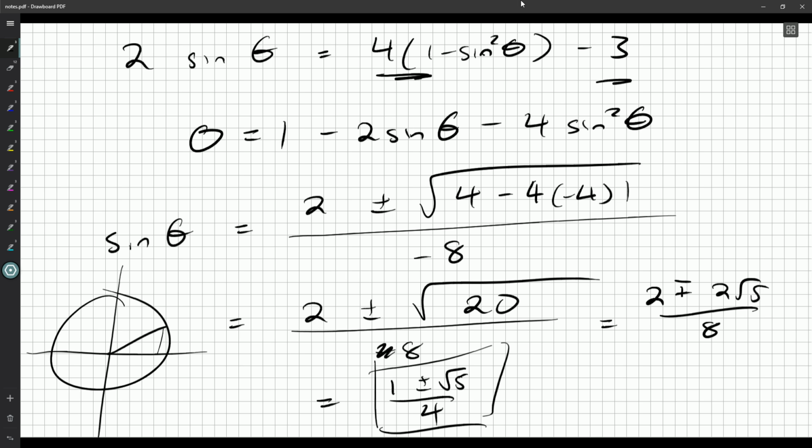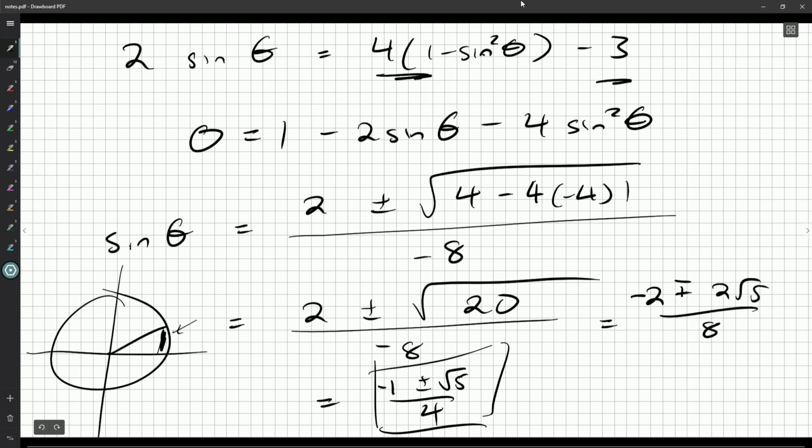Right, so... Oh, hold on a second. I changed the sign there when I got rid of the minus sign. I did not change the sign of this 2 here. Well, that could have been costly. Because I was about to say it's got to be 1 plus root 5, but 1 plus root 5 would be about 3 point something, and sine 18 is going to be really, really small. But minus 1 plus 2.23 is going to be about 1 point something, divided by 4, about 0.25.